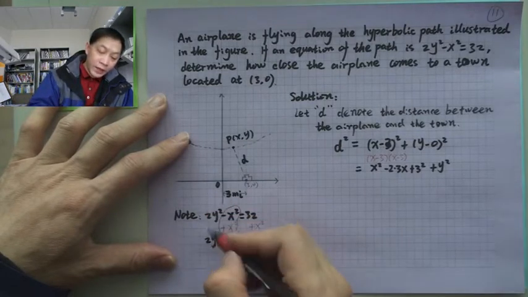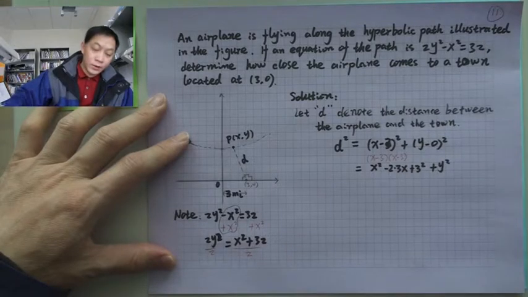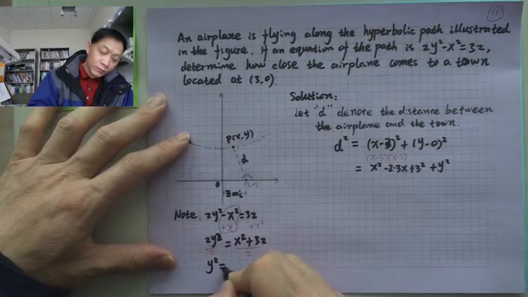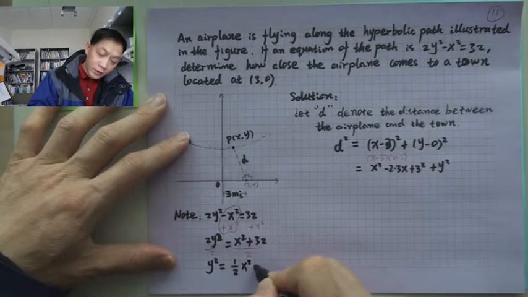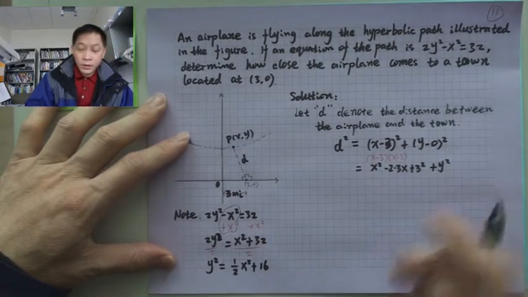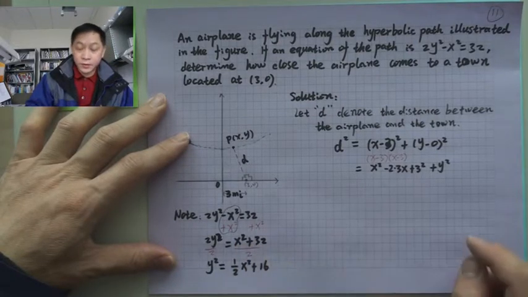If you then divide by 2, you have y squared equals one half x squared plus 16. The 2 goes to both x squared and 32.